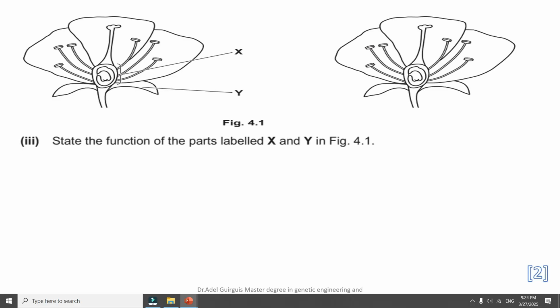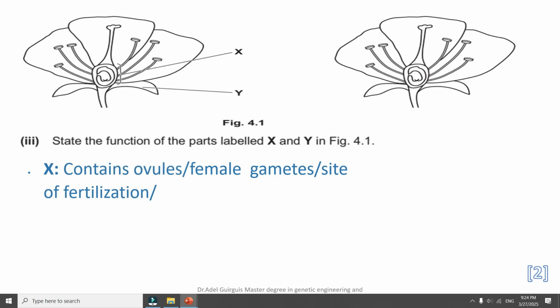State the function of the parts labeled X and Y in figure 4.1. X is the ovary. It contains the ovules, which contain female gametes with one N chromosomes. It is the site of fertilization where the pollen grain nucleus fuses with the ovule nucleus.